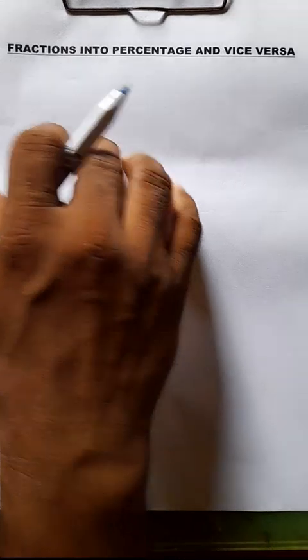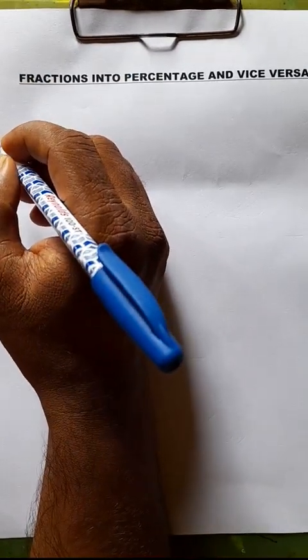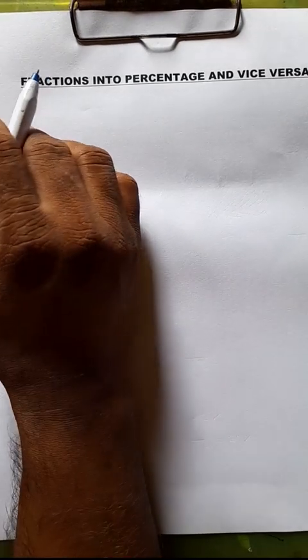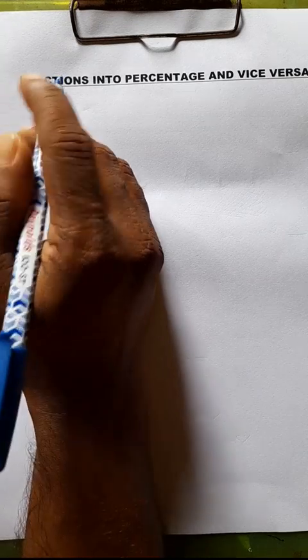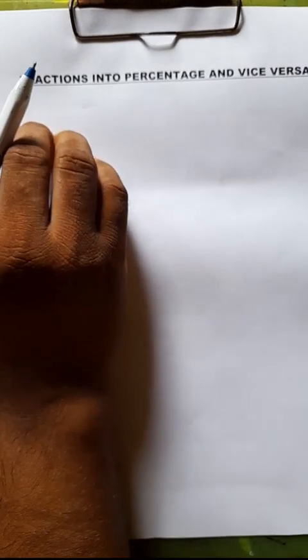So we have learned that a percentage can be expressed as a fraction, or a fraction can be converted into a percentage. So here we'll learn percentage into fraction or fraction into percentage.